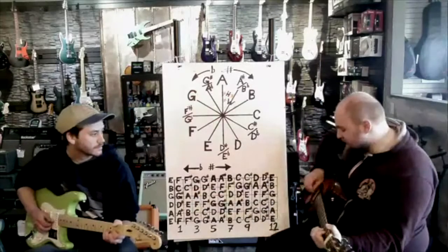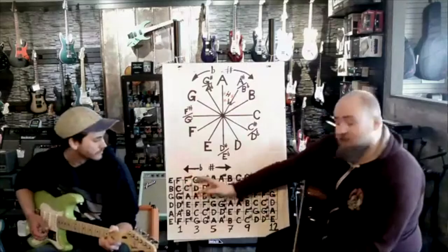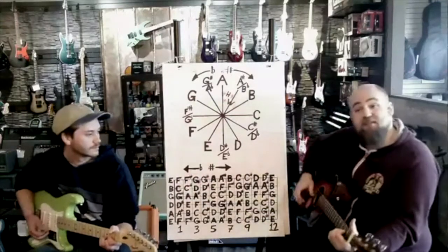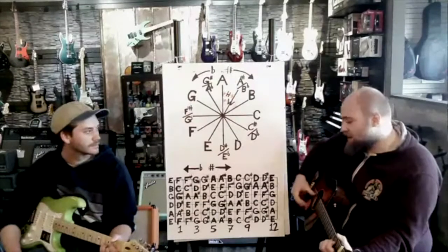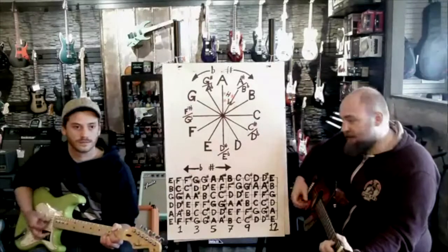So we have to play D, A, and D before we get to our third different note that's in the D major chord, which is an F sharp on the second fret of the high E. So technically, in order to get there, we have to play D twice to get all three notes in there.